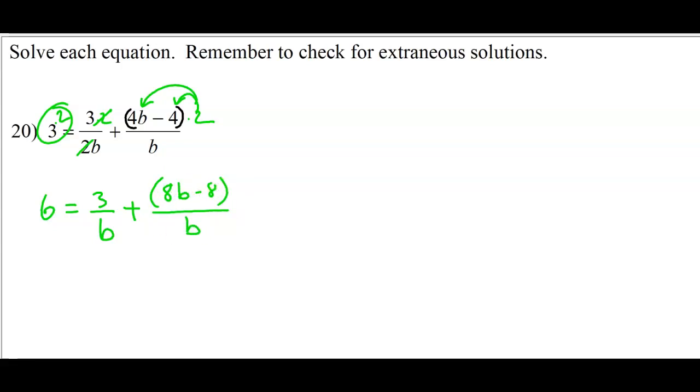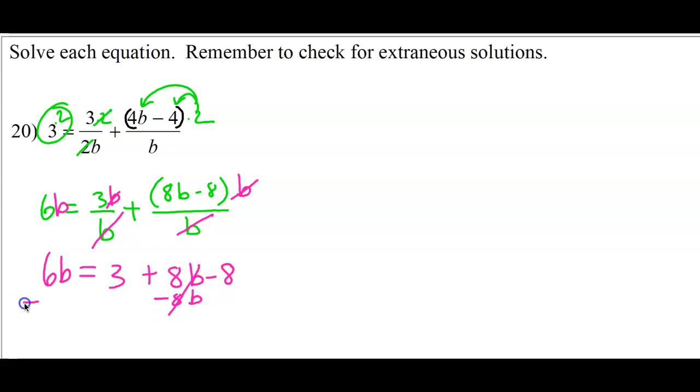Next we want to get rid of the b's, so now I'm going to multiply everything by b. Here they cancel. Here they cancel. And here we have 6b. All right. I'm going to go ahead and put the b's together now. So I'm going to subtract the 8b on this side and this side.